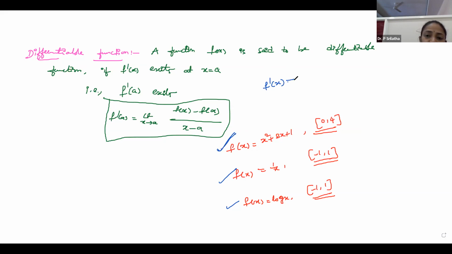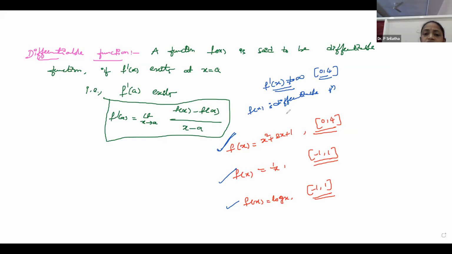If that is not equal to infinity in those limits, then we can say that f of x is a differentiable function.